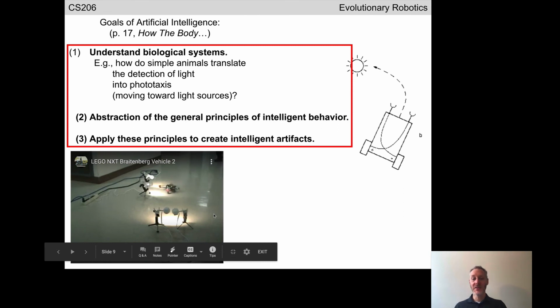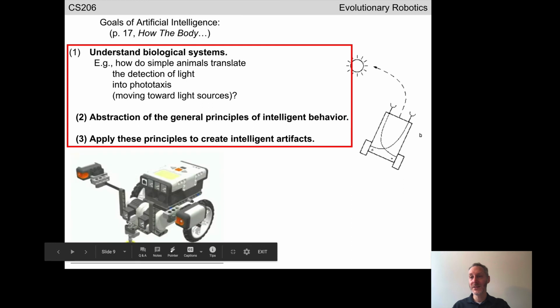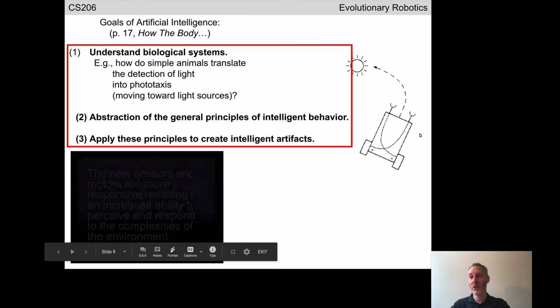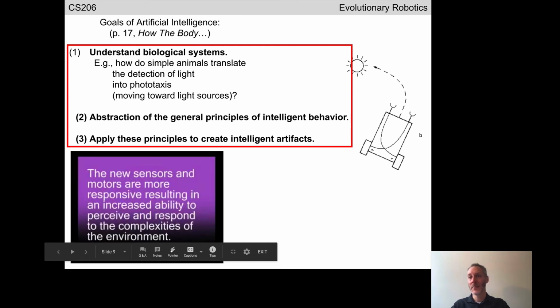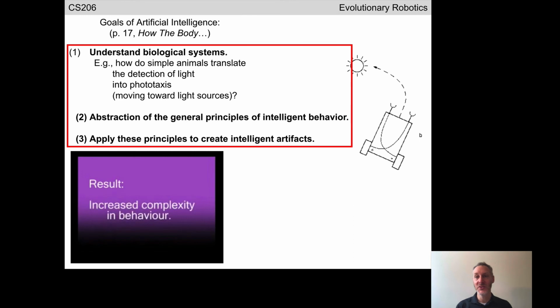You can program these very simple Lego robots to either move towards light, which is known as phototaxis, or move away from light, which is known as photophobia. These are some very common behaviors you see in very simple animals.